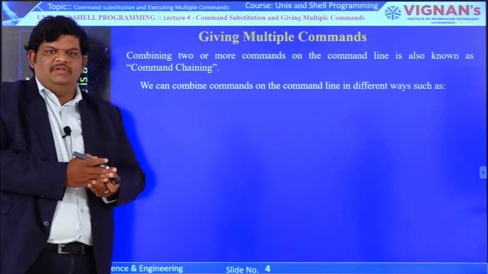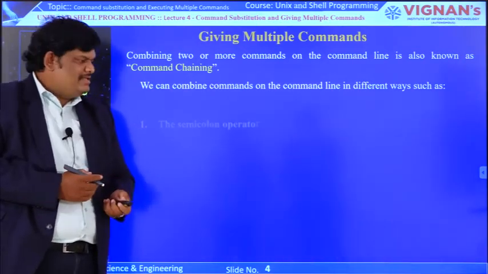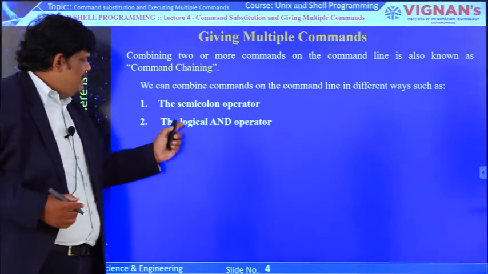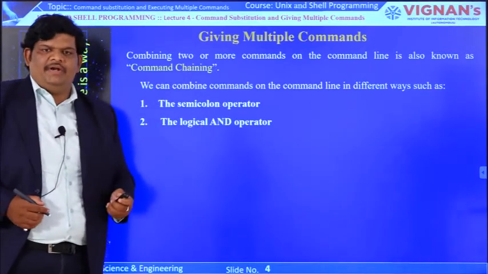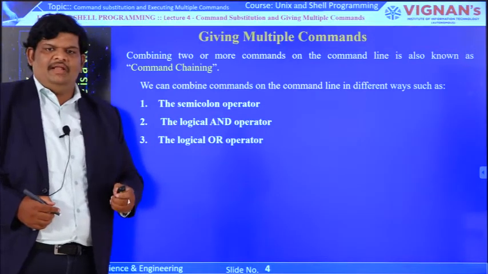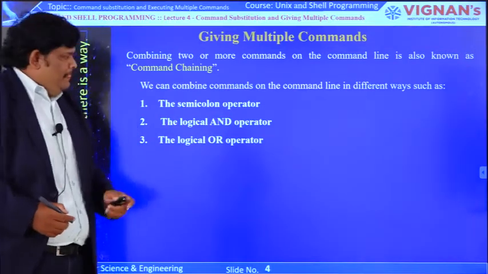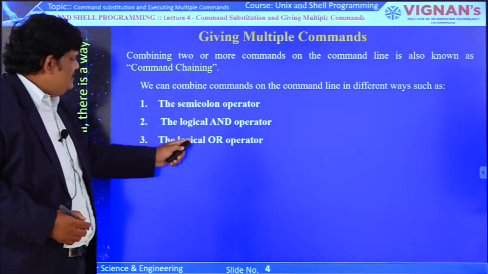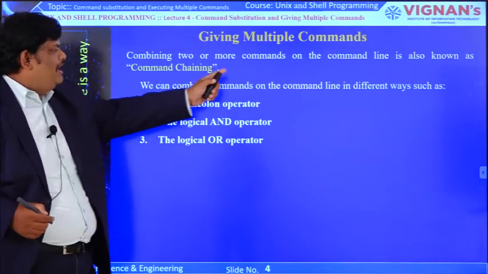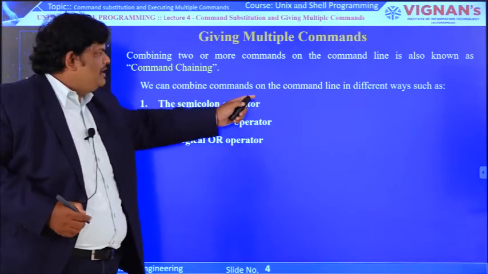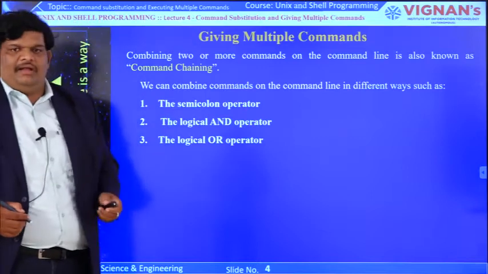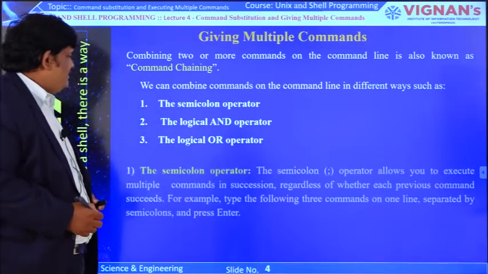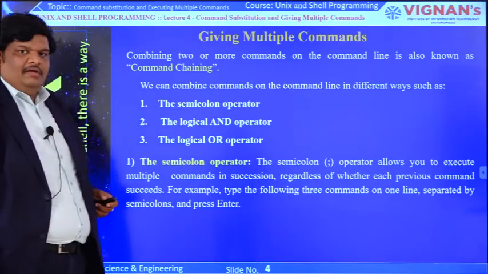One is the semicolon operator, the second one is the logical AND operator, and the third one is the logical OR operator. With the help of these three ways, we can execute more than one command in a command line.